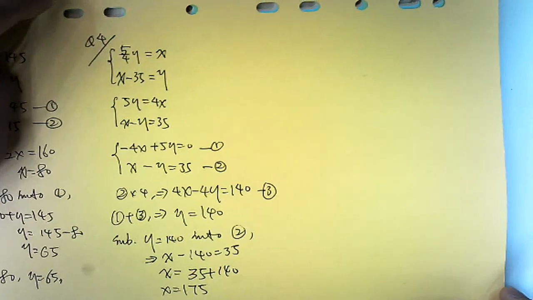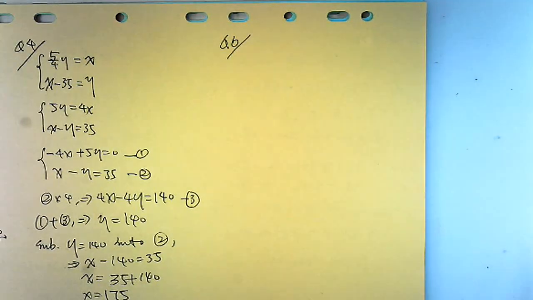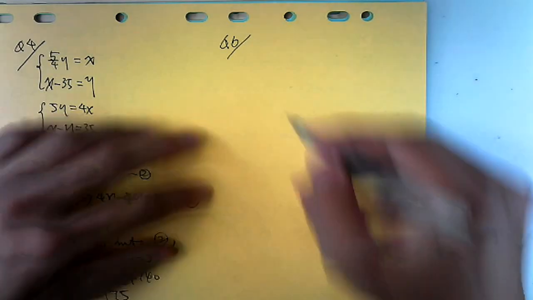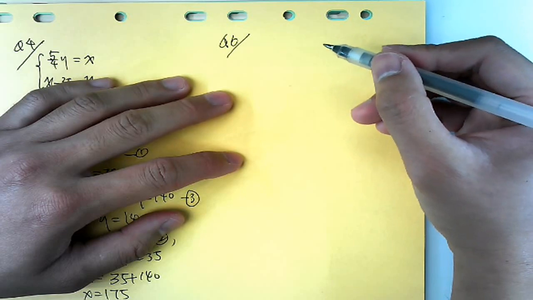Let's keep moving. Go to question 6. There are X boys and Y girls in a tutorial class. The number of boys is 6 more than the number of girls. You understand this? And if there are 24 students in the class in total, find X and Y. So you have two cases, right?